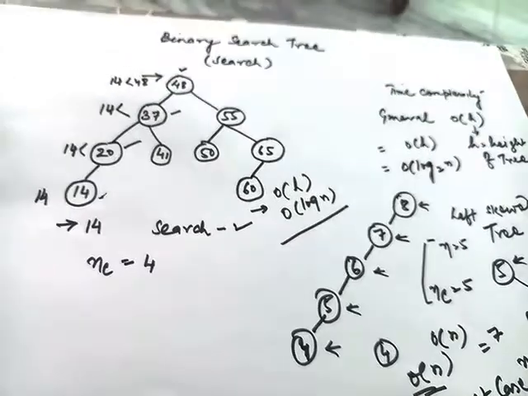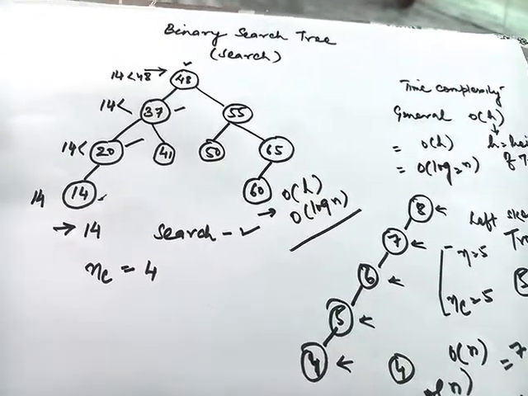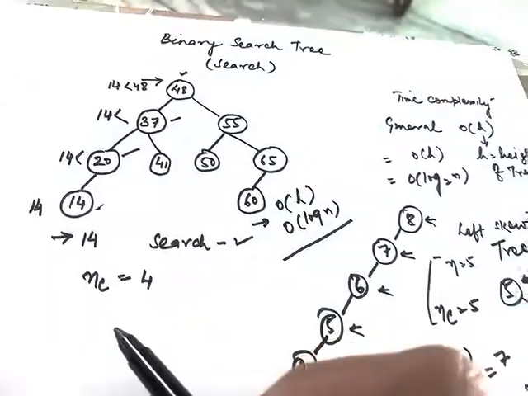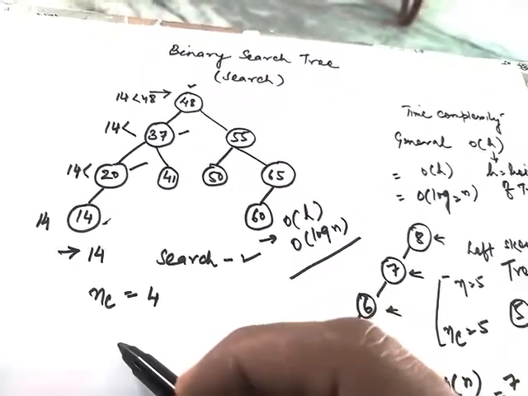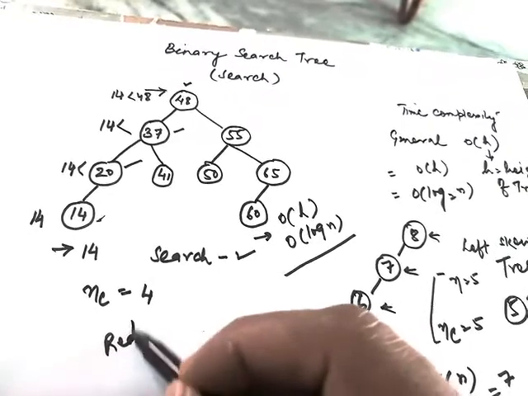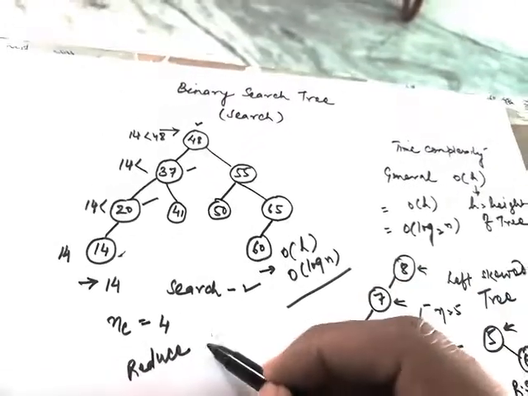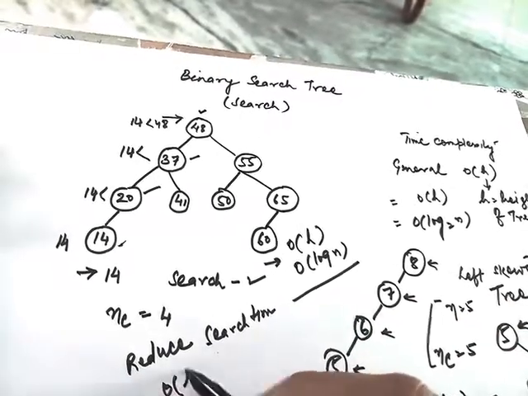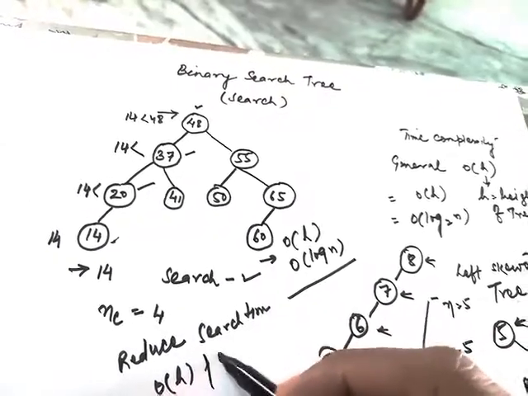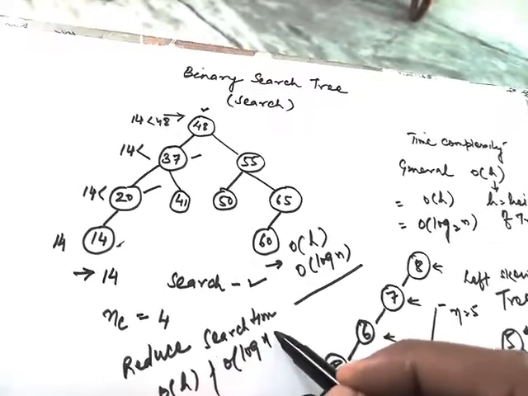So this is the overall idea of how searching is done, and the main objective of a binary search tree is to reduce the search time to order of h or order of log n.